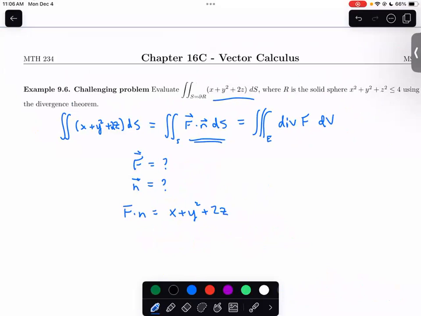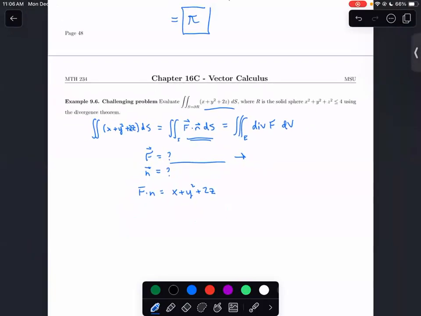If I can figure out what my F and what my n should be, so that when I take this dot product I get the function I'm interested in, then I will know what to take the div of. Once I have it set up like this, I'll have my F, and I can evaluate the divergence of that, and that's where I will be using the divergence theorem. That's why I think this one's a tricky one.